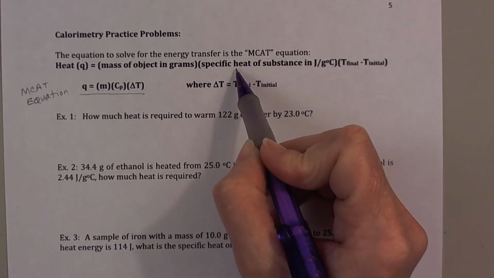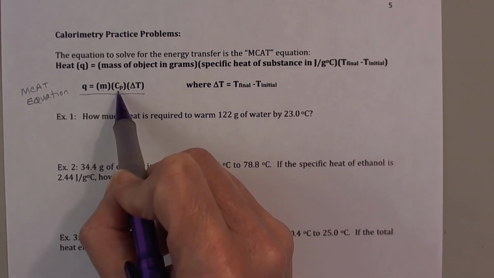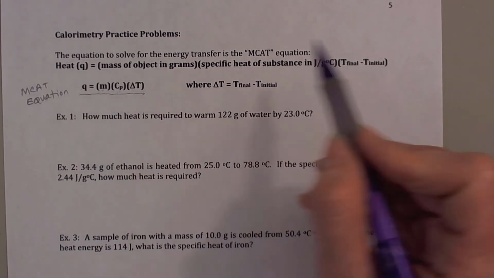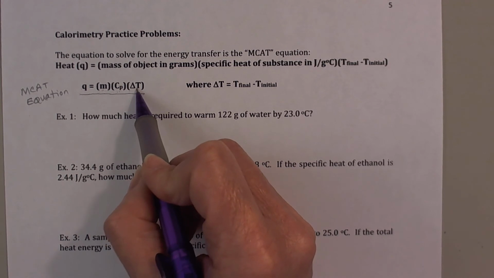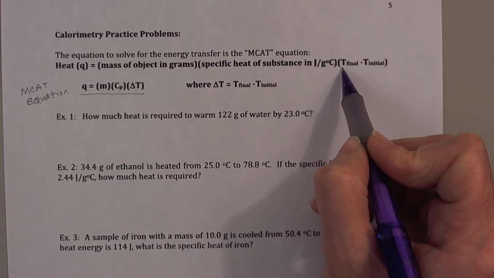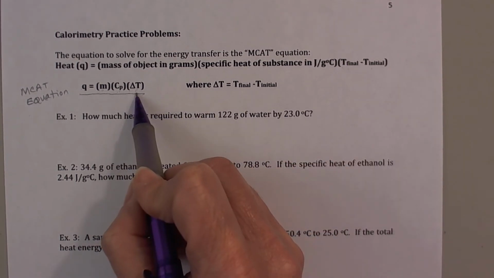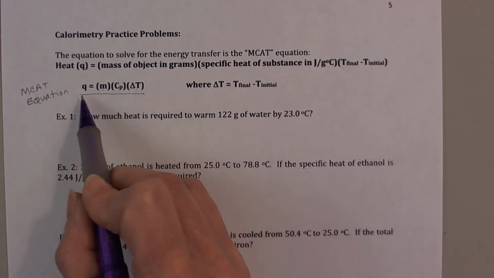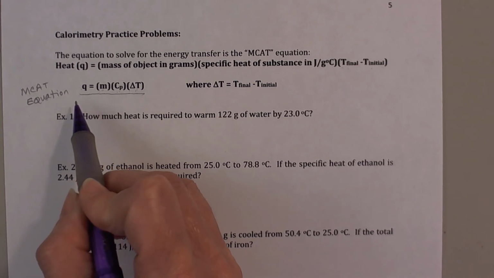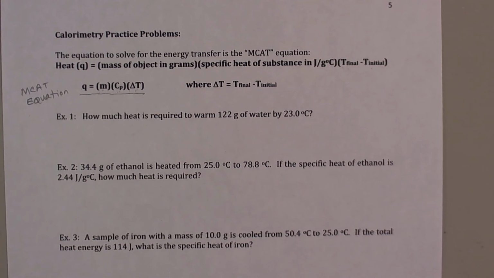C is the specific heat of that substance. Remember, that's how much energy is required to increase 1 gram of that substance by 1 degree Celsius. And then this delta T, that's the Greek letter delta, meaning change in temperature, is the final temperature minus the initial temperature. So if we are asked to calculate the heat of an energy transfer or of a chemical reaction, we can use this mcat equation.